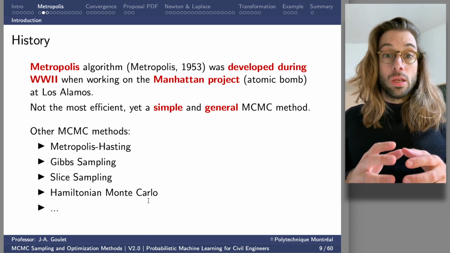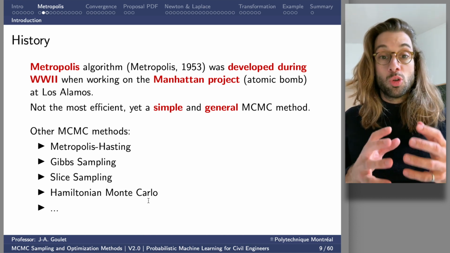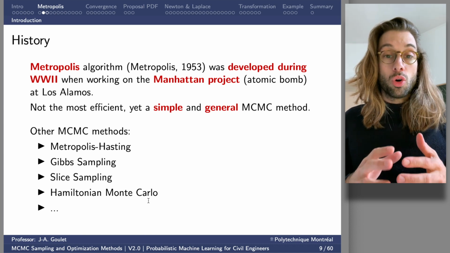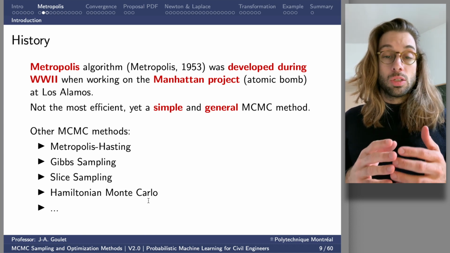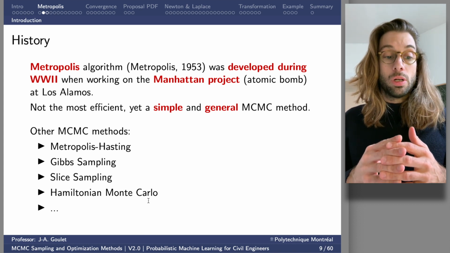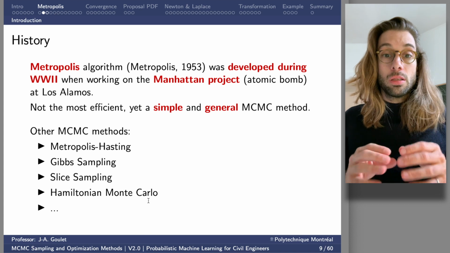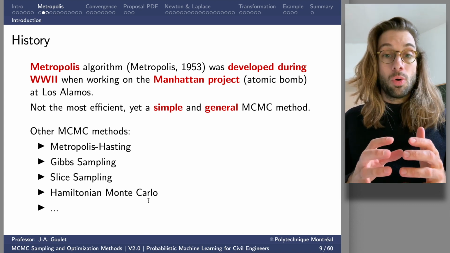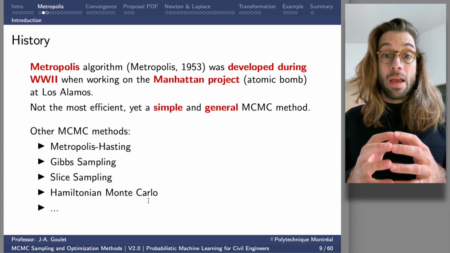Okay, history, where does it come from? The Metropolis algorithm was developed during the Second World War while working on the Manhattan Project. This was the atomic bomb that was developed at the Los Alamos laboratory. So I tell you upfront, this is not the most efficient algorithm, yet it is a simple and general MCMC method.